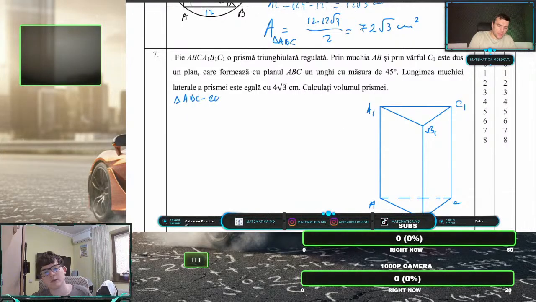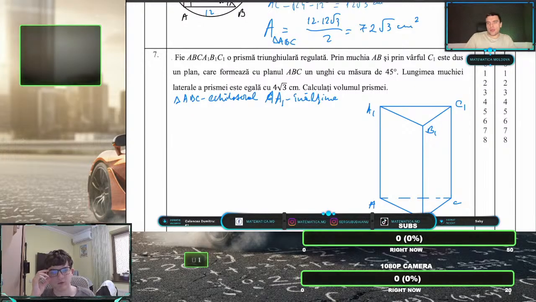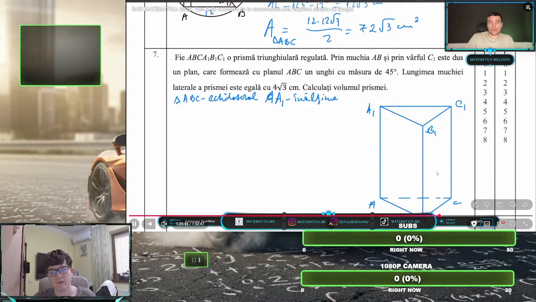Is gonna be some formula again. So it's regular, so ABC is essentially with all lines the same length, and A1, B1, C1 basically the same thing, because of a shape like that.